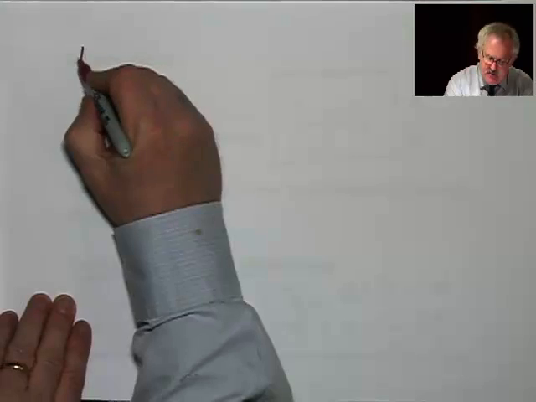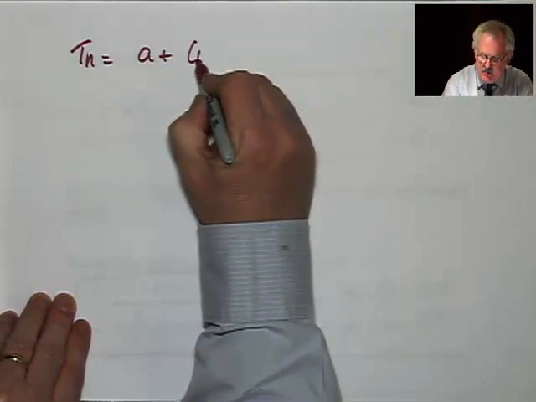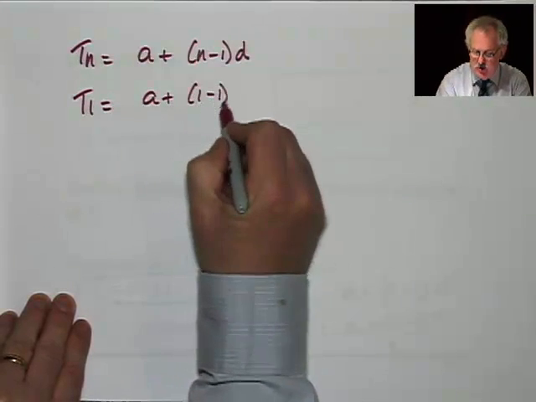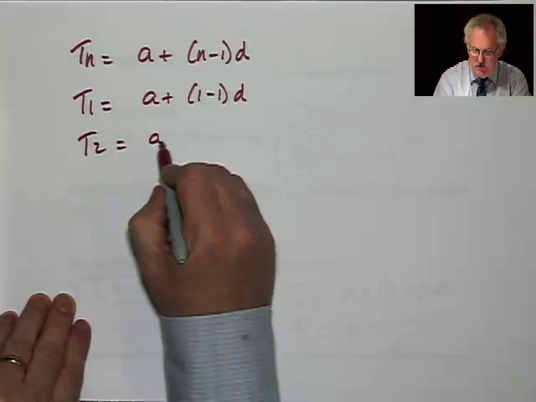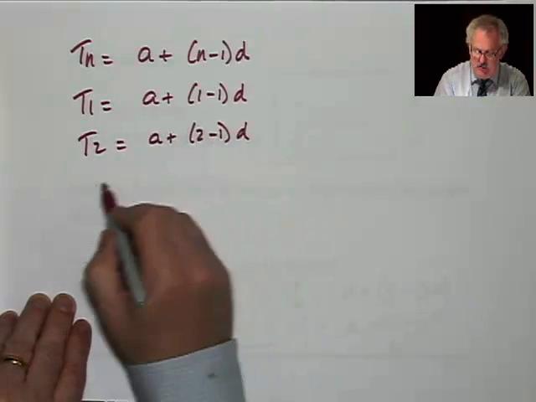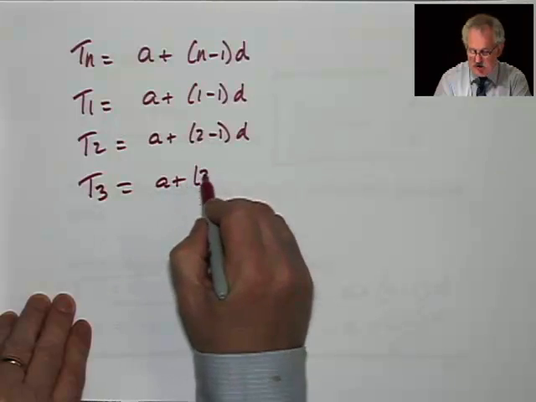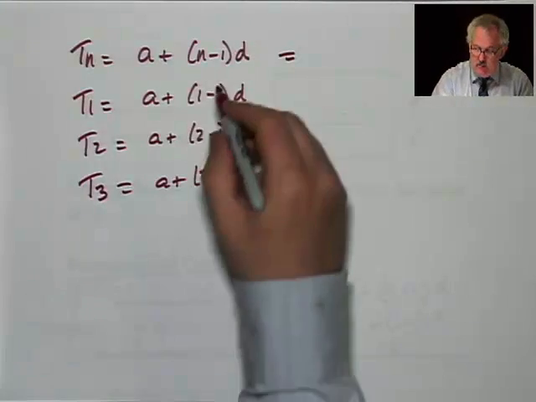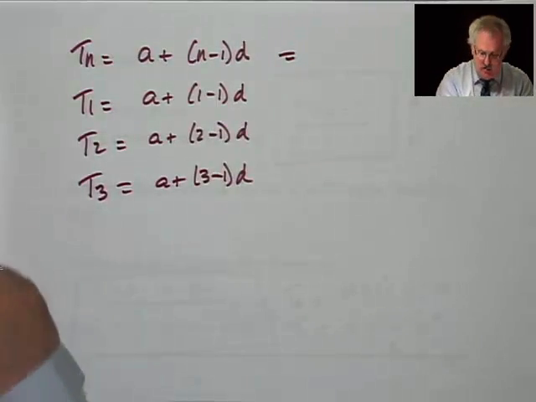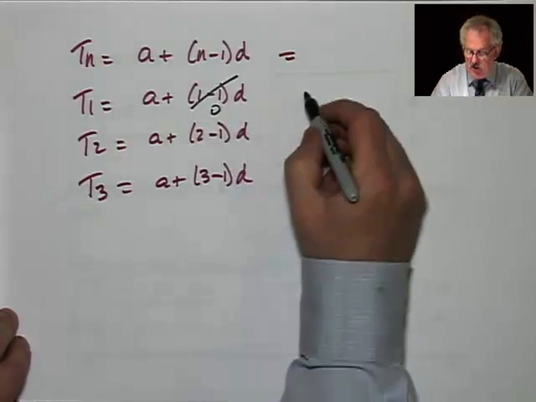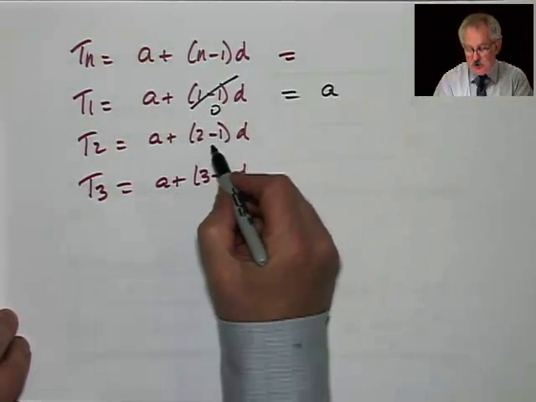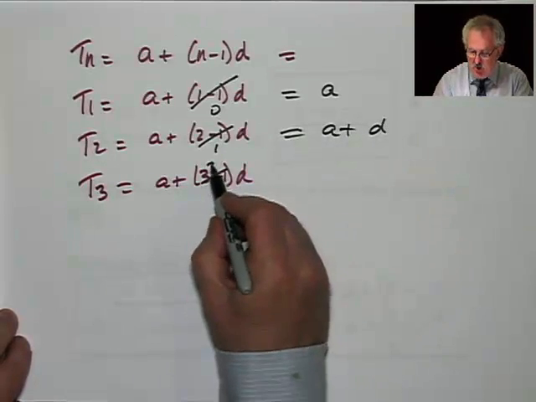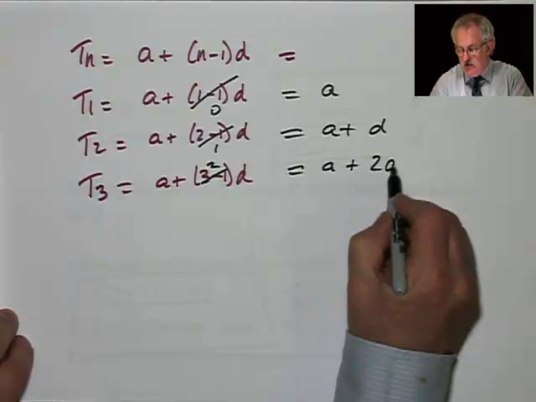If Tn is equal to A plus n minus 1 times d, T1 would be A plus 1 minus 1 d, T2 would be A plus 2 minus 1 d, T3 would be A plus 3 minus 1 d, etc. 1 minus 1, that's 0. So if that's 0, it falls out. That's just A. 2 minus 1 is 1, so that would be A plus d. This would be 2, so A plus 2d.